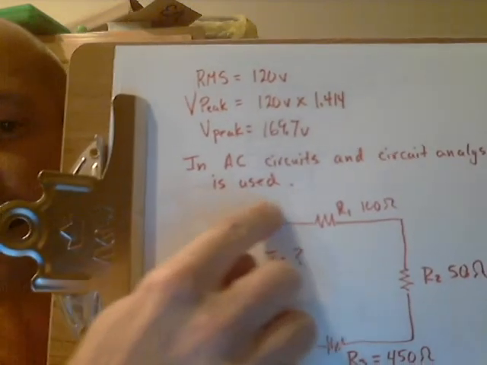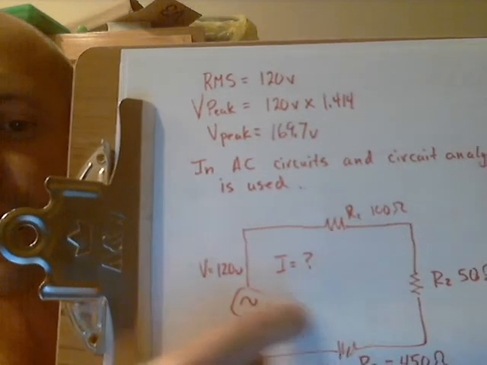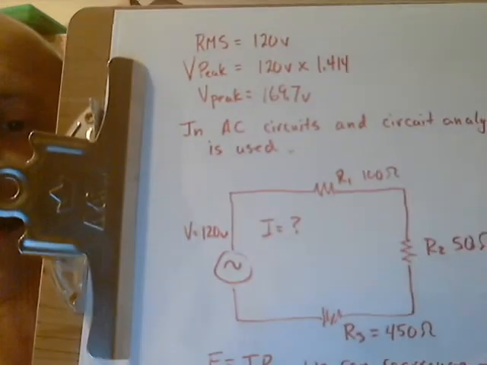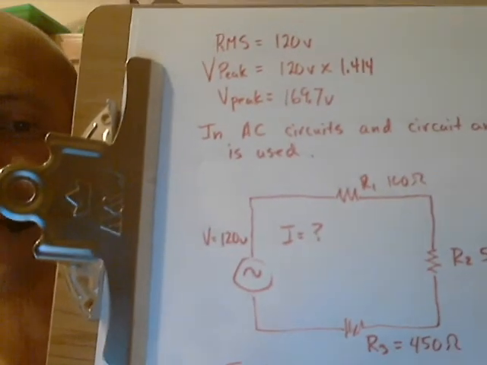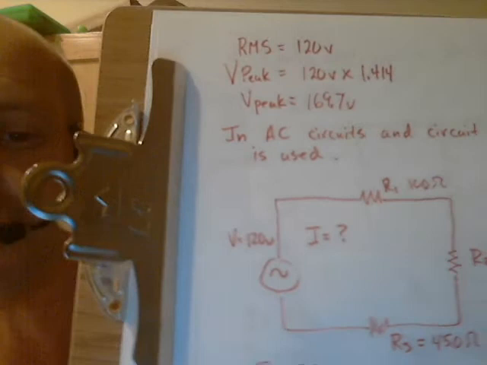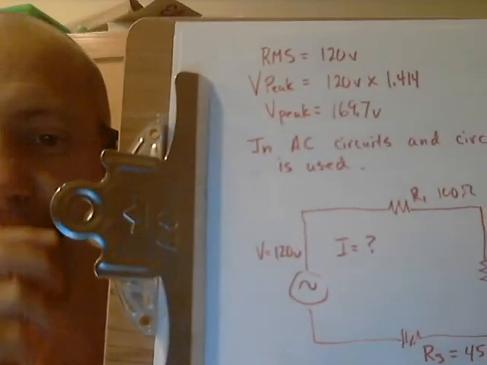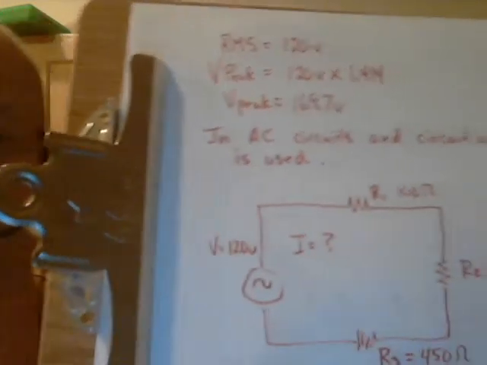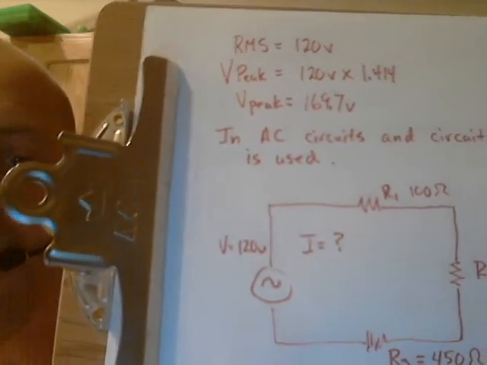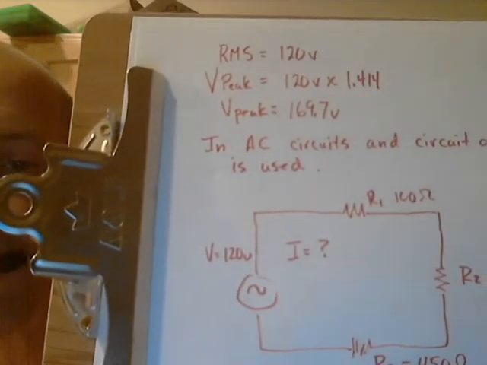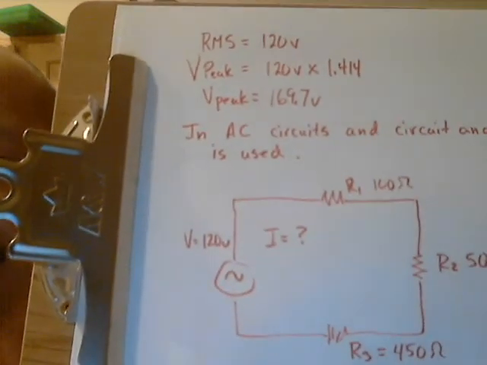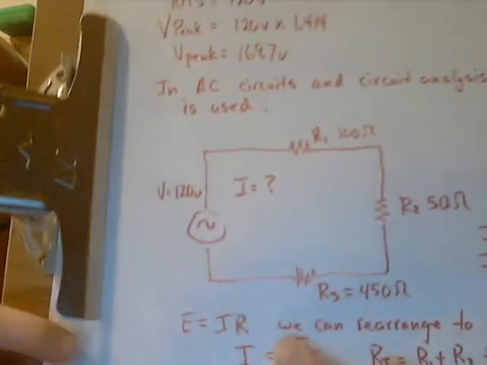So I've drawn a simple series circuit here that has a total of 3 resistors. And remember, for a series circuit, we're going to add those resistor values to get our total. But what I don't know is how many amps are flowing, how much current is flowing through this circuit. So I can just use the regular Ohm's law rules that we talked about in a previous video several months ago to figure it out.